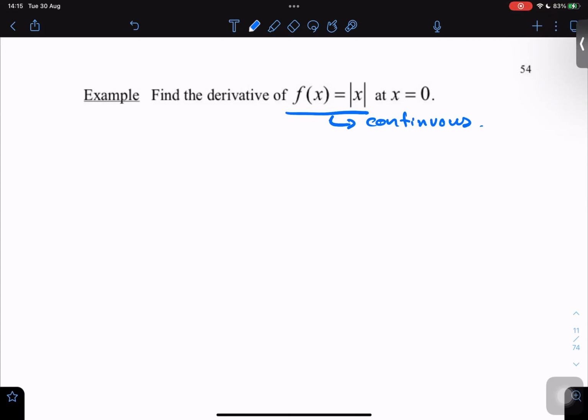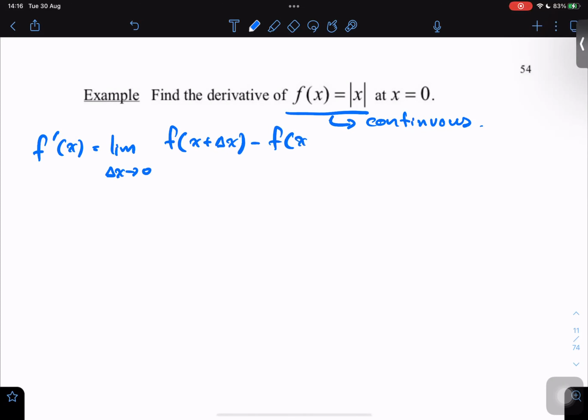Okay, so please wait a moment. So the derivative is f prime of x equal to the limit as delta x approaches 0 of f(x plus delta x) minus f(x), over delta x, right?